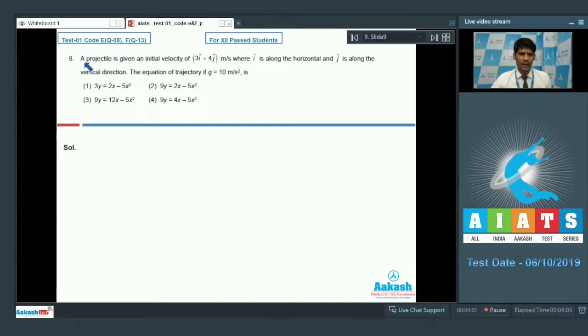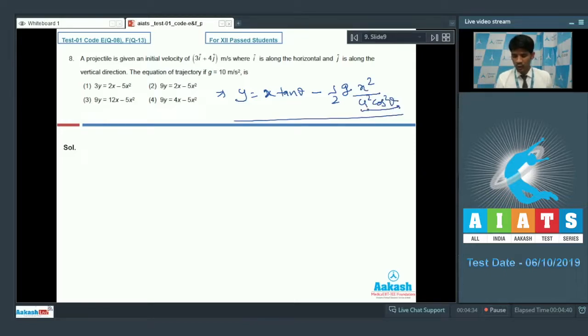Here in question number 8, a projectile is given an initial velocity of 3i + 4j meters per second, where i is along the horizontal and j is along the vertical direction. The equation of trajectory, if g is taken as 10 meters per second square, I'll straight away write down: y = x tan theta minus 1/2 g x² divided by u² cos² theta.